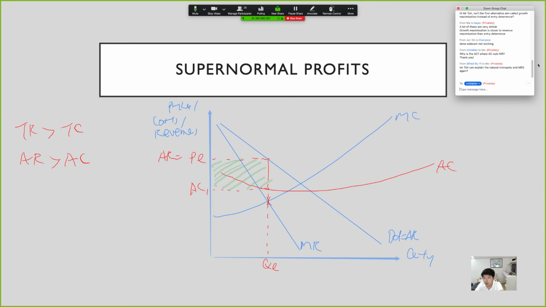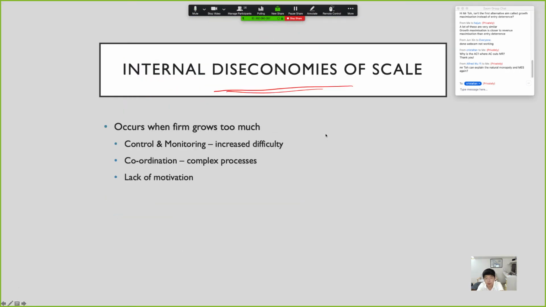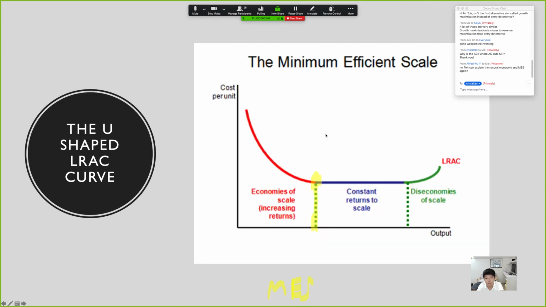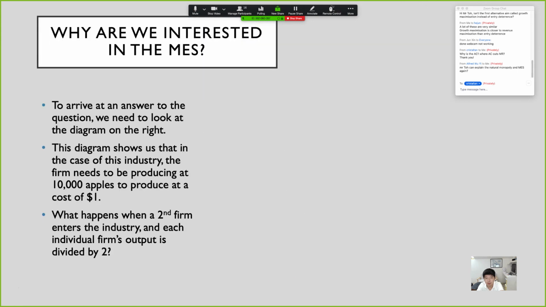Can you explain the natural monopoly and MES curve again? Yeah, sure. Let's go back to the previous slide. What is a natural monopoly? Again, I'm going to use the same example that I've drawn just now for you to see.